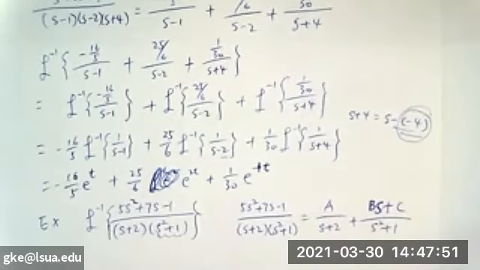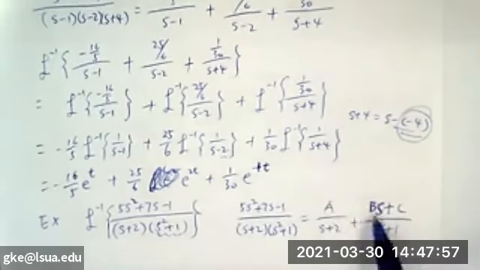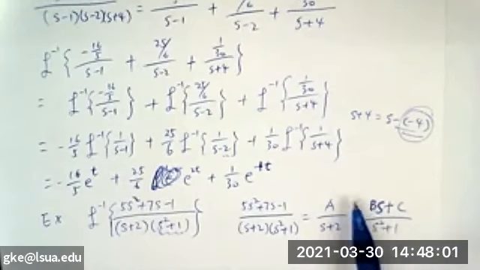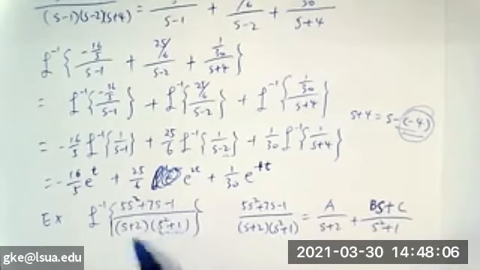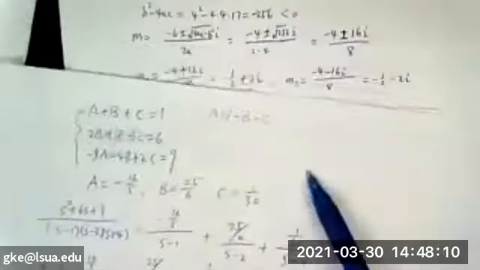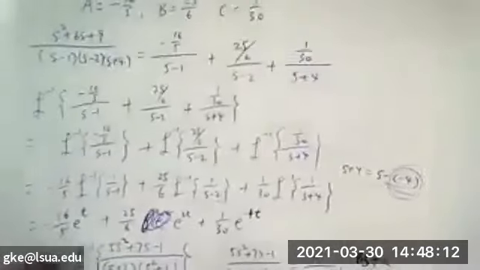Okay, so the same things. Our goal is what? Find the A, B, C. After you find A, B, C, then you plug back in. You can solve it. And the idea is very similar to the previous example.